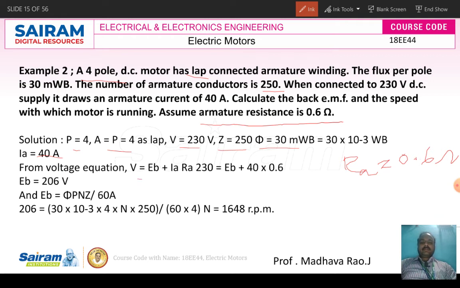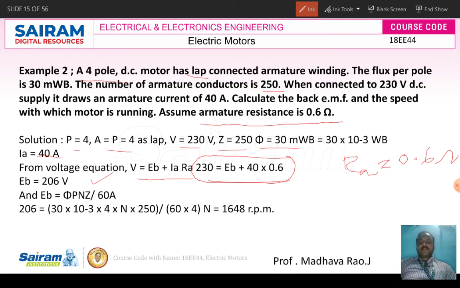Now from the terminal voltage equation, V is equal to EB plus IA RA. So EB is equal to 230 minus 40 into 0.6. If you calculate the back EMF, you will get 206 volts. So 206 is the back EMF value, right?